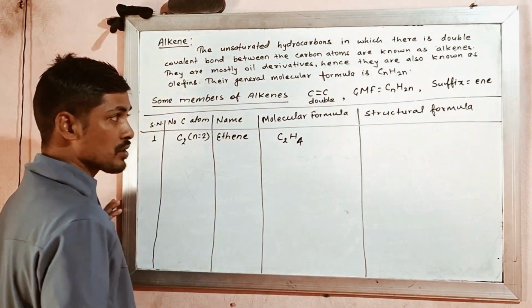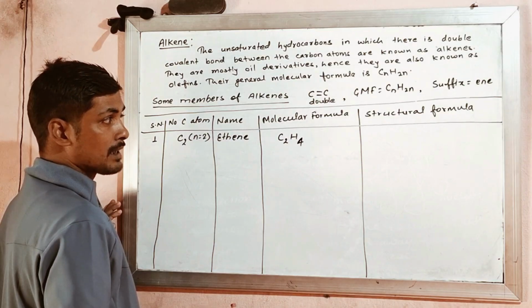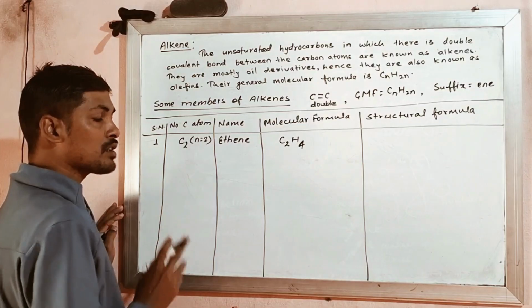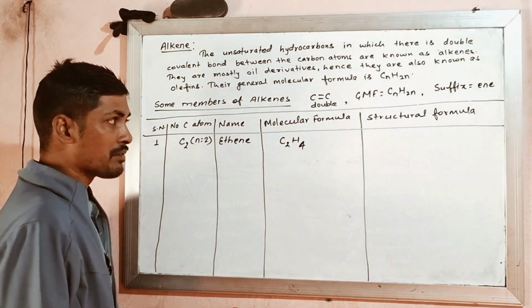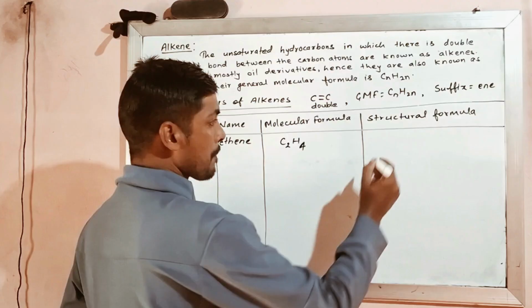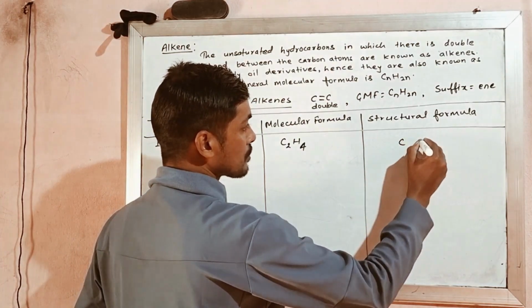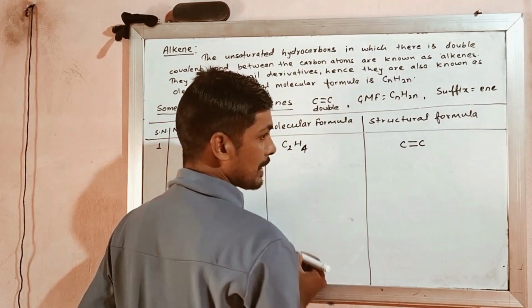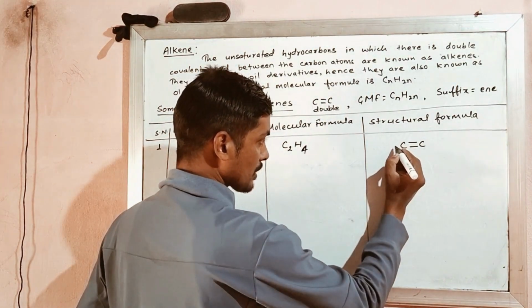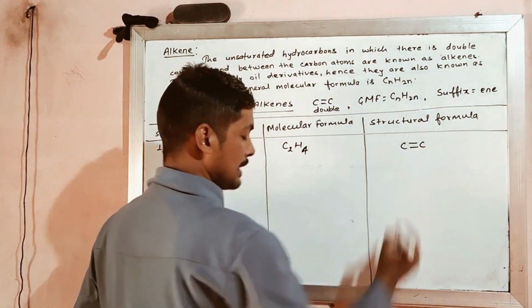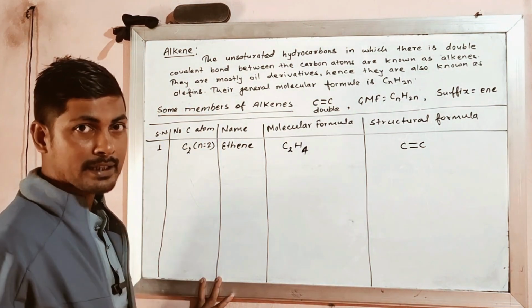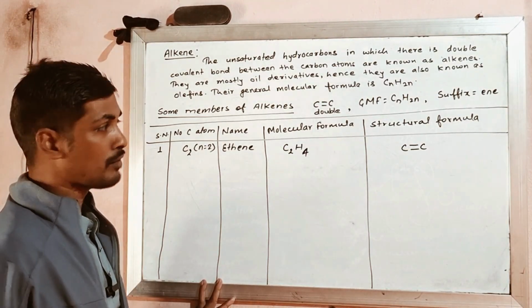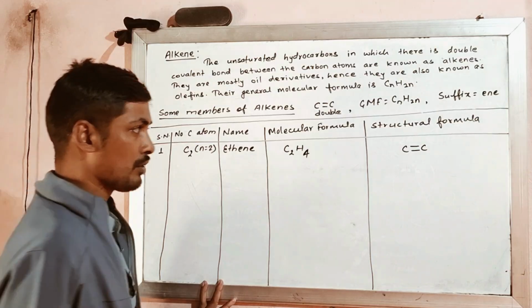Now while making the structure of this alkene, we have to remember one thing: there must be a double covalent bond between the carbon atoms. So first of all, we draw these two carbon atoms, and between the carbon atoms place the double covalent bond. After that, as in alkane, complete 4 covalent bonds in each carbon of this structural formula.